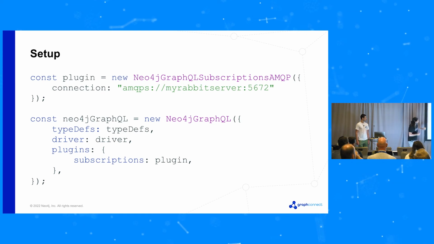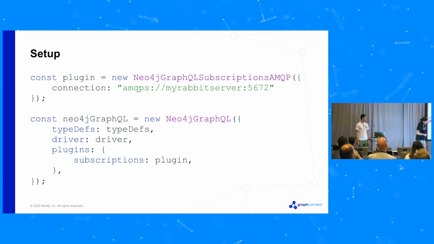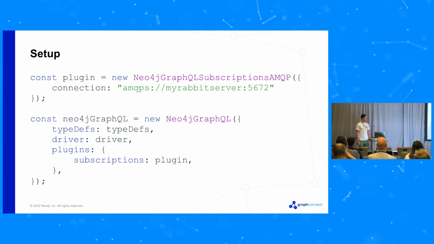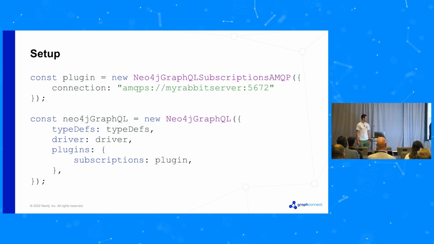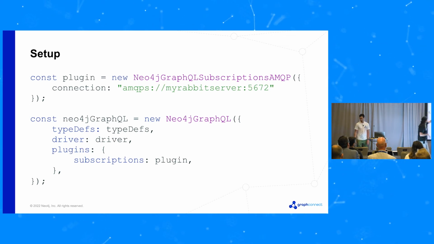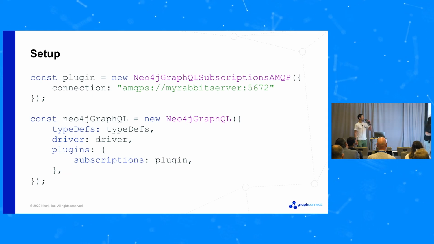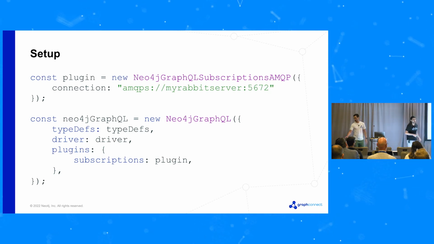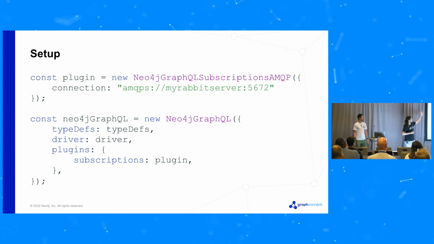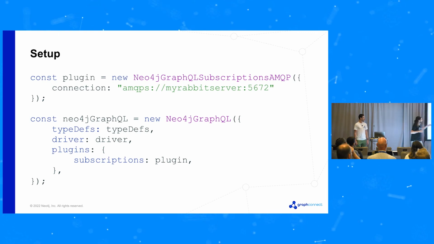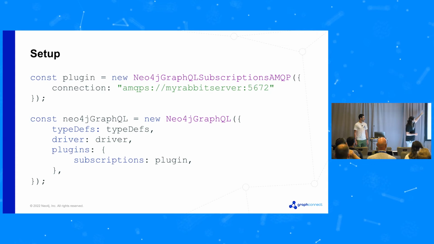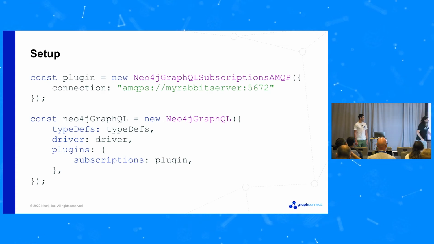The new stuff is this lovely plugin, in which we're saying, hey, I want to import this plugin, that's an npm package, and I want to use AMQP with this setup, that's my RabbitMQ server. You can use whatever AMQP 0-9-2 or whatever version you want, and just set the plugin there, and that's it.